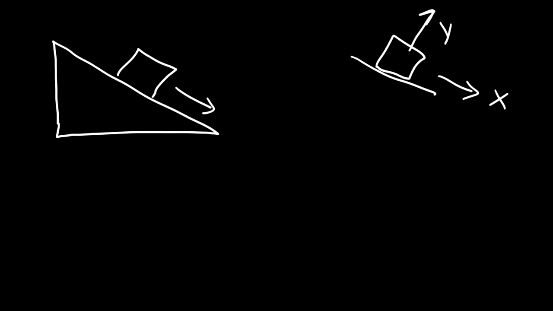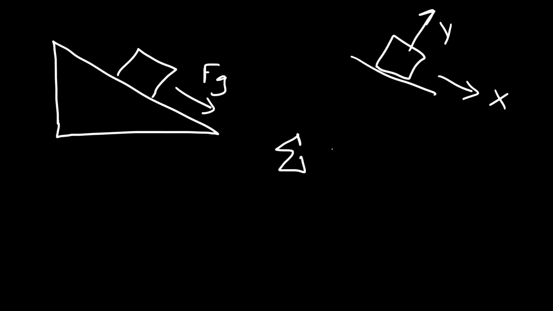Now let's say you have a block that rests on a frictionless incline and you want to find the acceleration. How can we derive a formula to do that? Once again, we're going to define this as the x direction and this as the y direction. The only force that's accelerating it in the x direction is Fg.